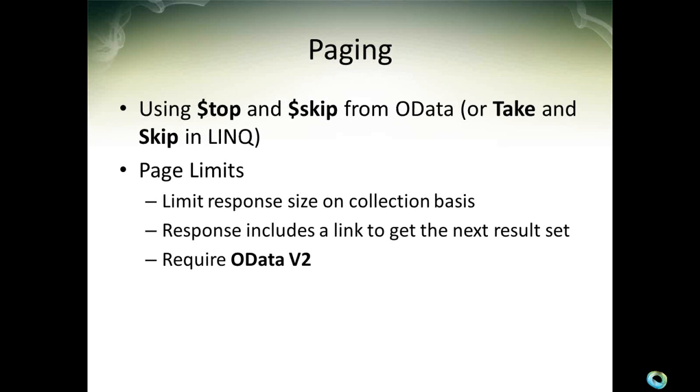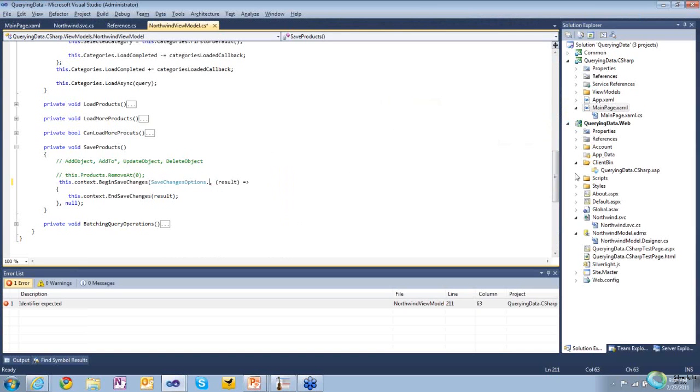Paging, as we saw, we can do that by just using top and skip in OData, or take and skip in LINQ. We can set some page limits to our data source. So even if the user specifies top 10 in the URI, we can set a page limit of, let's say, just 2 entities. So this way, even if the user sets top equal to 10, we will return only 2 entities, and I will just quickly show you how to do that.